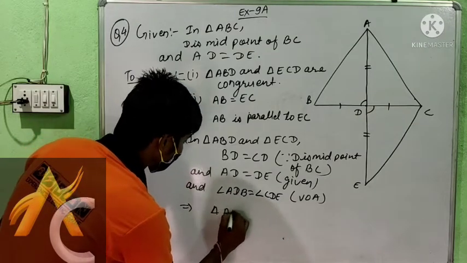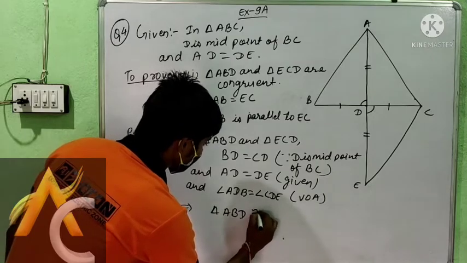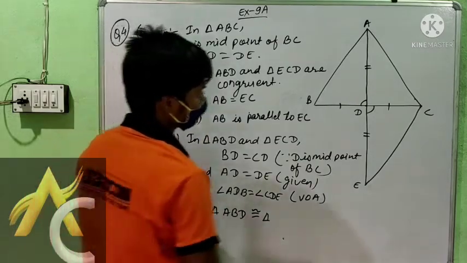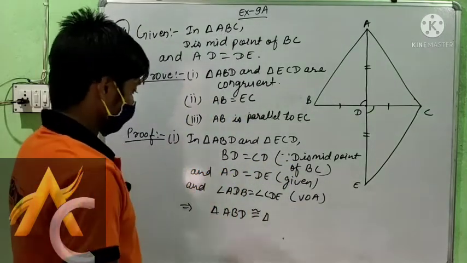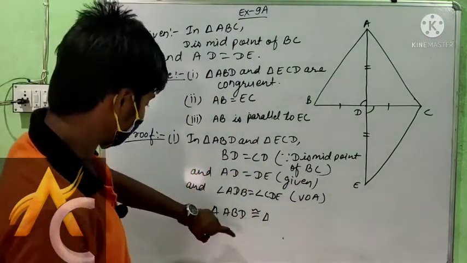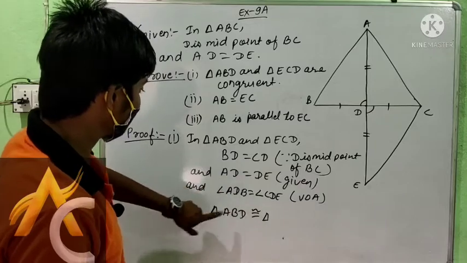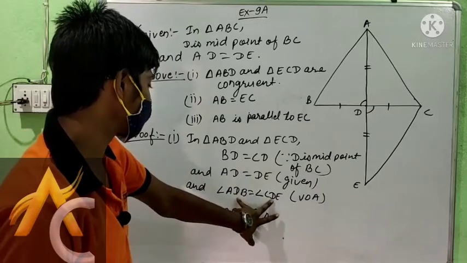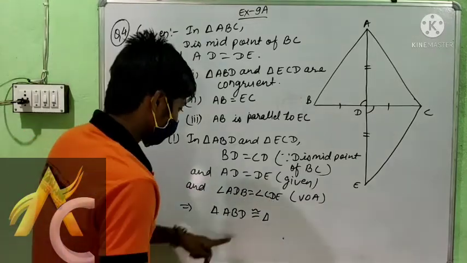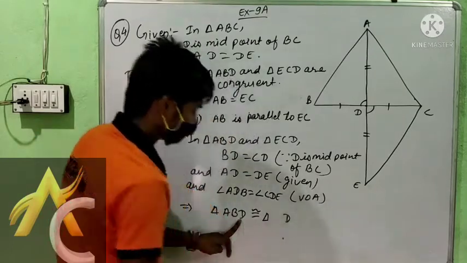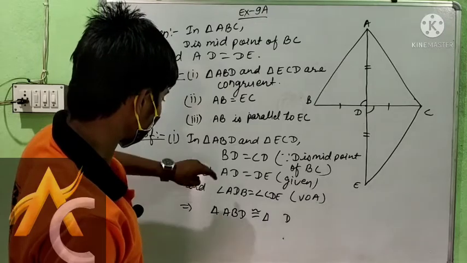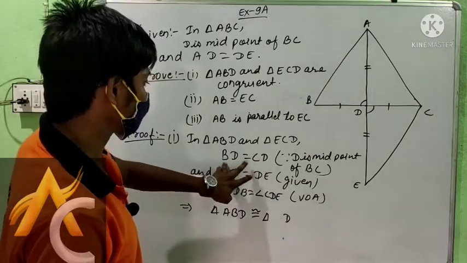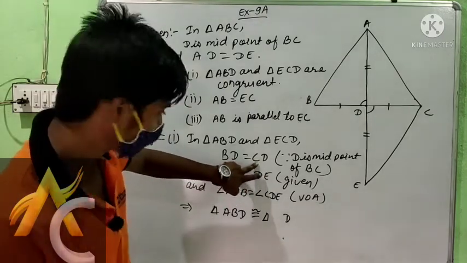That implies triangle ABD is congruent to triangle CDE. Sorry, we are going to write it by comparing this side. Now look at here, D is in the place of D. So D will be here at the end, and since D has come in the place of D, so what will come in the place of B? C, right?